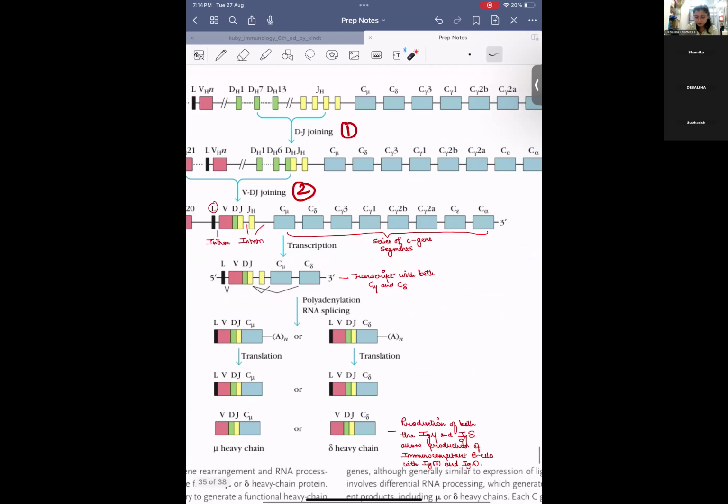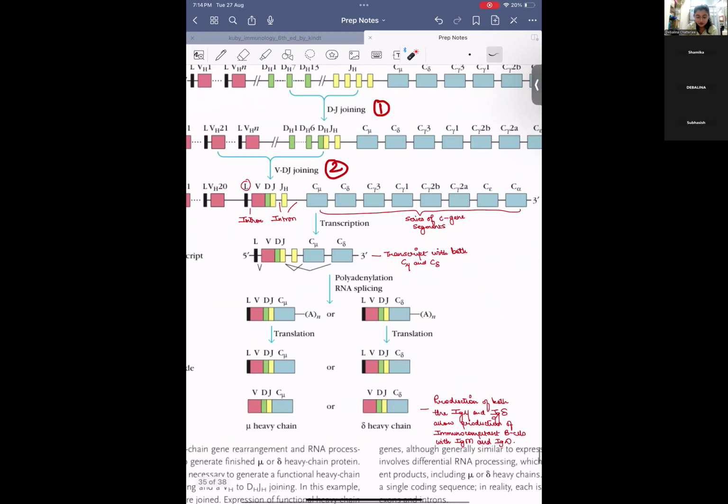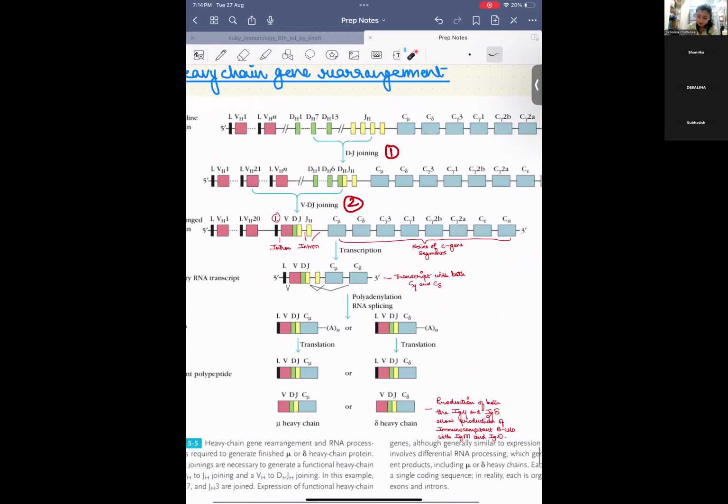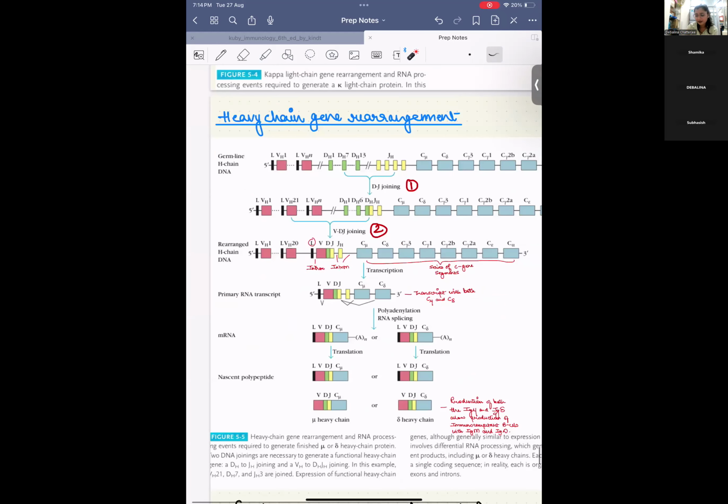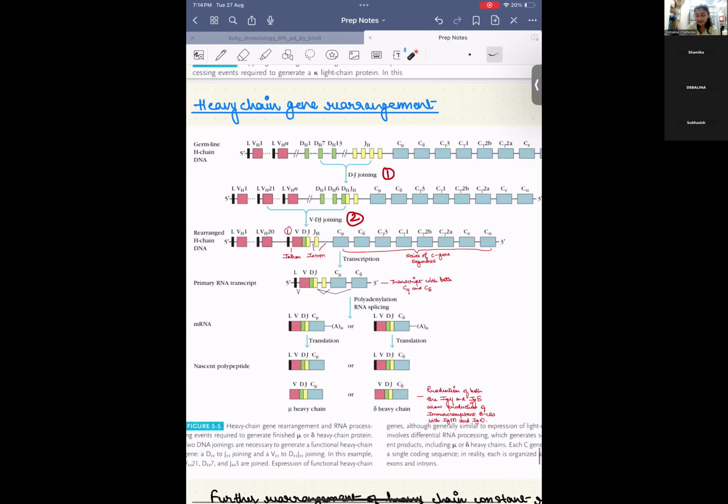So we have the primary RNA transcript. Rearrangement happened here, which in a maturing B cell is going to completely rule out the other constant regions. The first to occur in the primary RNA transcript are C mu and C delta, right?